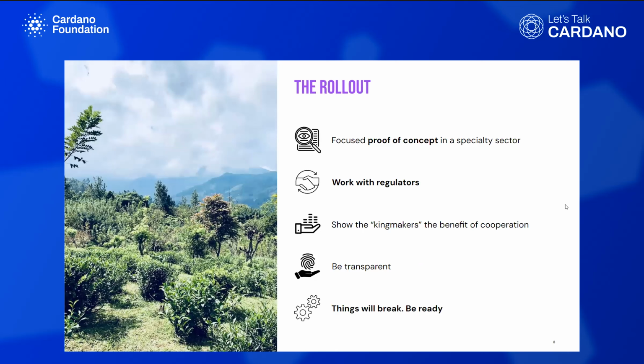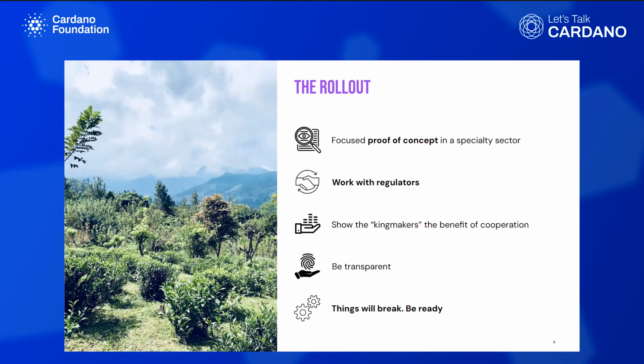Deployment. So again, this is very important when you're dealing with RWAs, because you're dealing with already established markets, already established trades. So really, a rollout roadmap is very important here. First point is focus on proof of concept in a specialty sector.